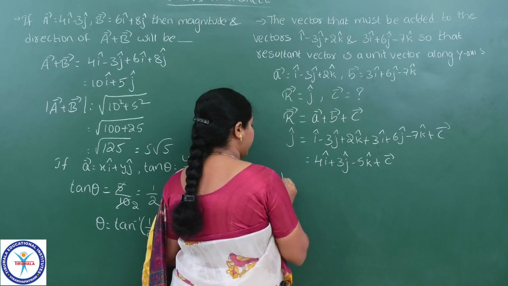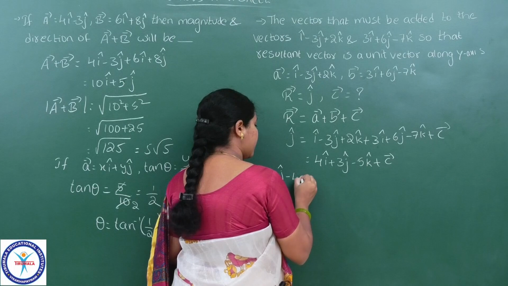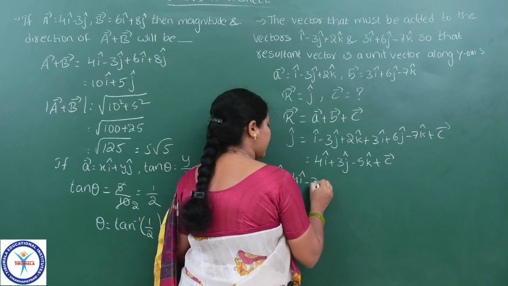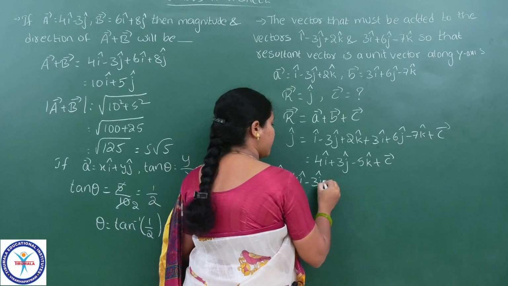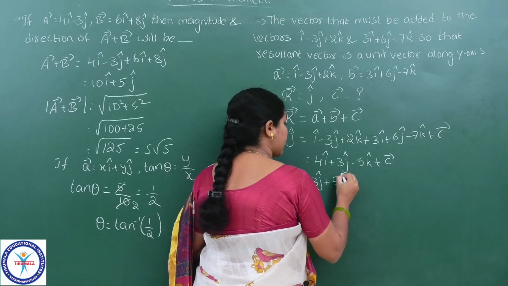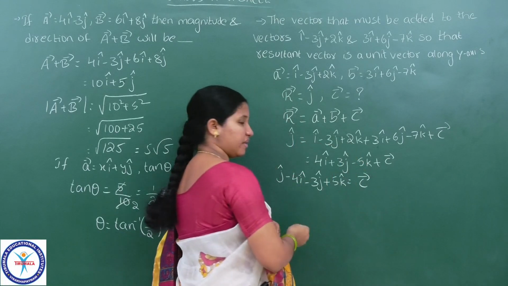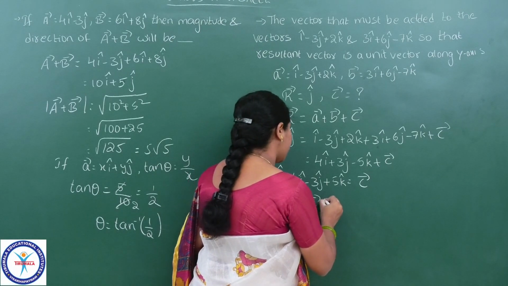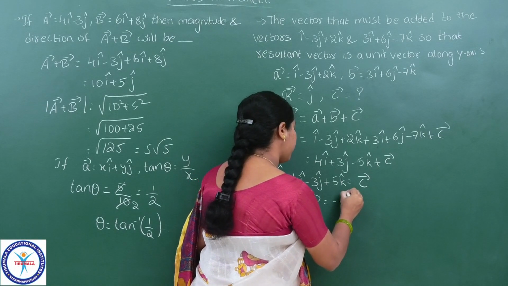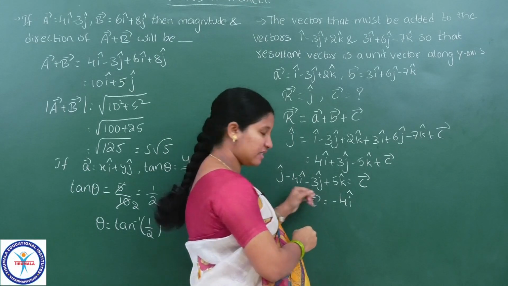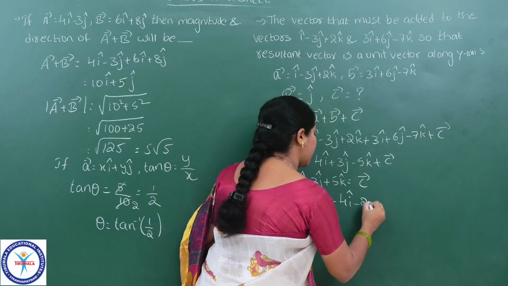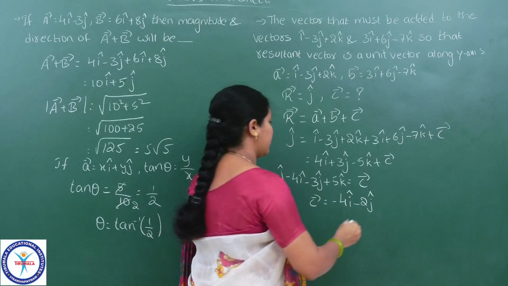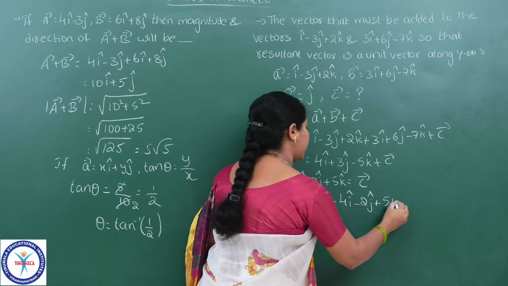So we get j cap minus 4i cap minus 3j cap plus 5k cap is equal to c bar. So the c bar vector becomes minus 4i cap plus j minus 3j, which gives minus 2j cap, plus 5k.